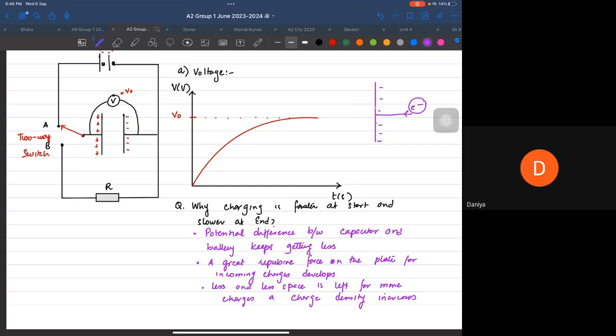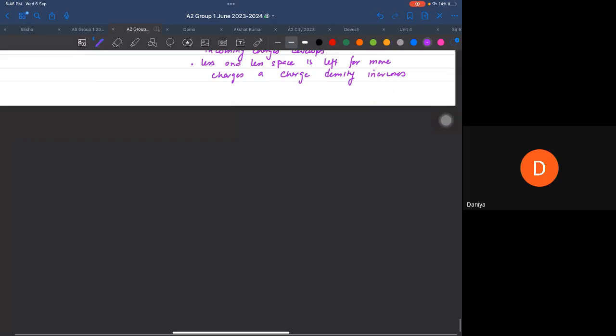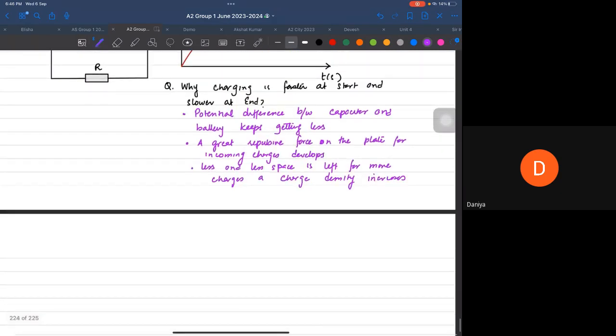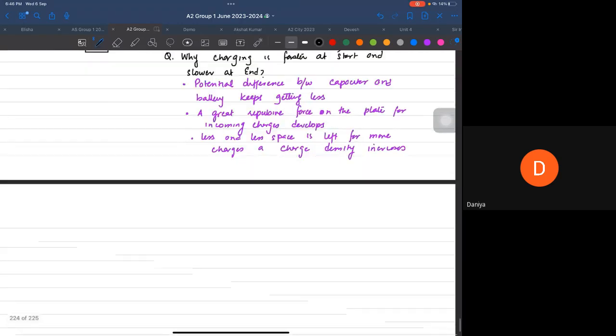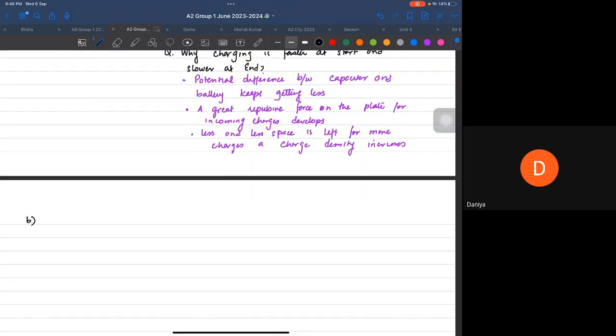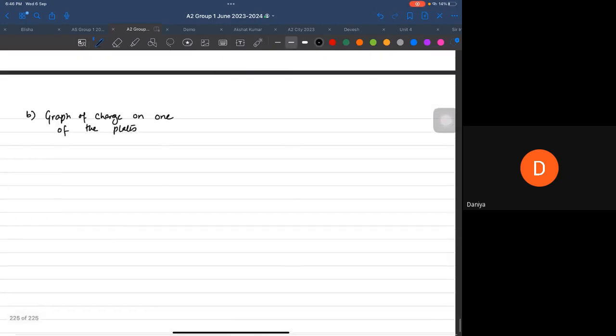Yes. All right. Then we can also see what happens to the charge on one of the plates. So we're going to look at the graph of charge on one of the plates. Basically it behaves very similar to this.